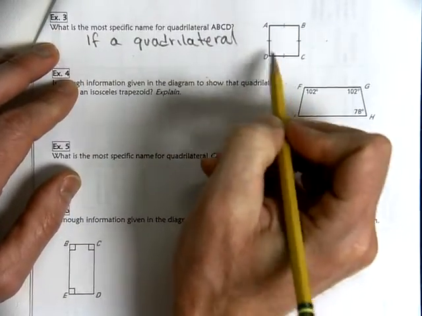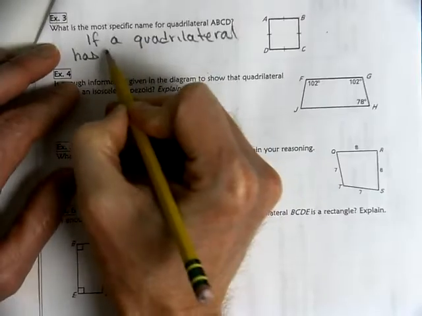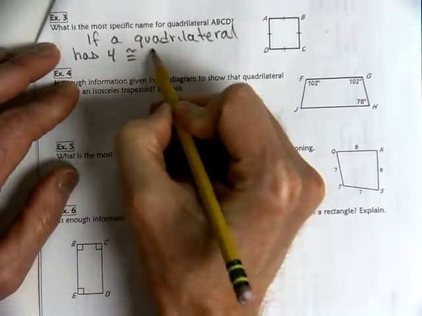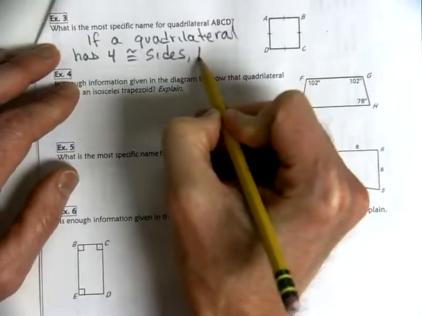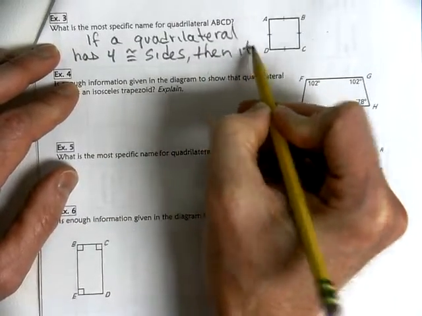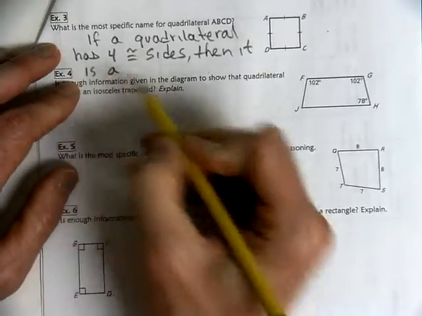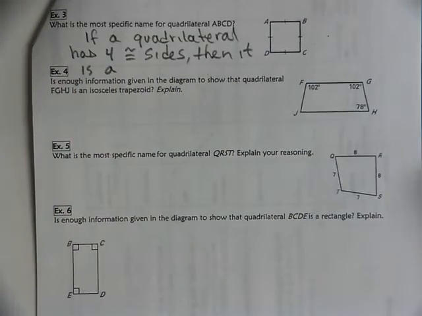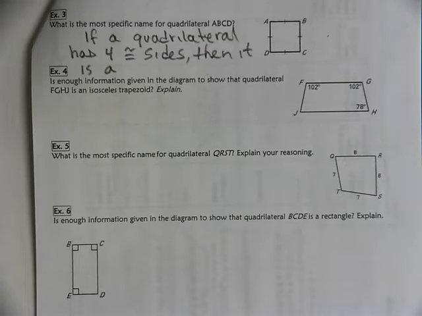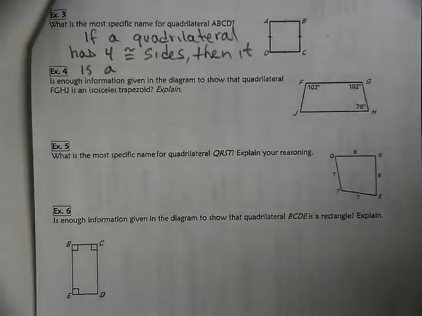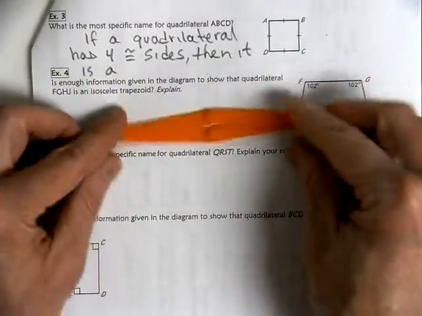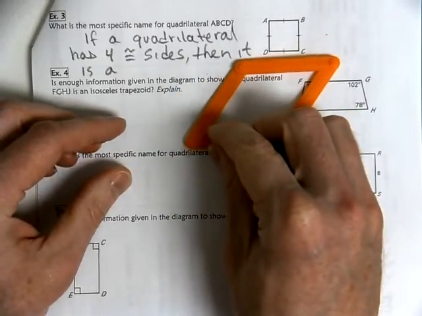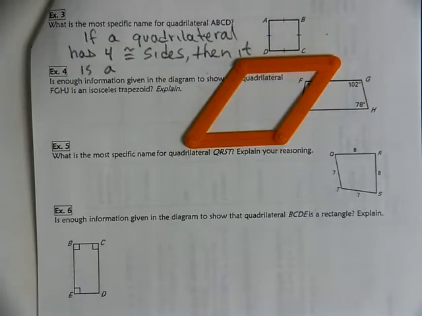If a quadrilateral has 4 congruent sides, any 4 congruent side quadrilateral is going to be a what? A rhombus. There's our picture of a rhombus. 4 congruent sides.